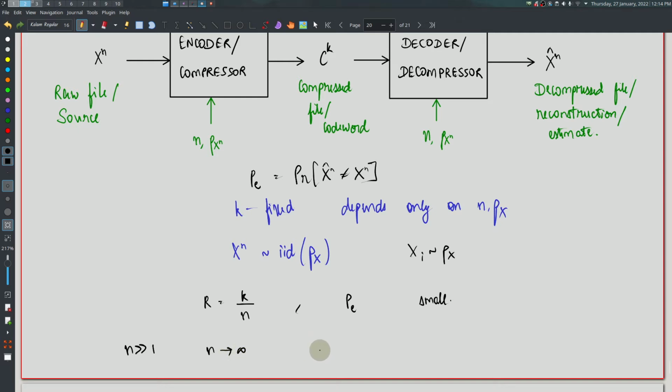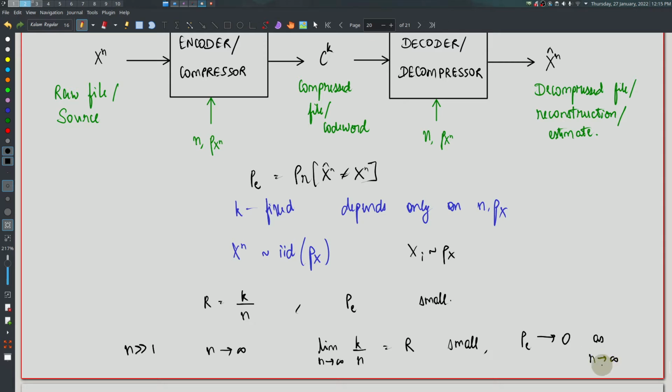So the goal is to ensure that the limit as n tends to infinity of k over n, which is what we'll call r, is small, and we want the probability of error to also tend to 0 as n tends to infinity.